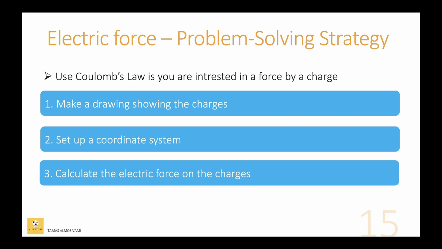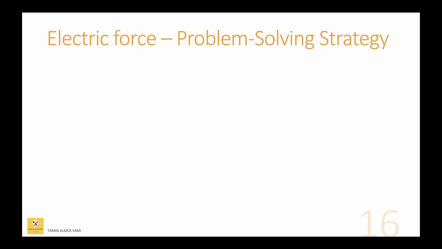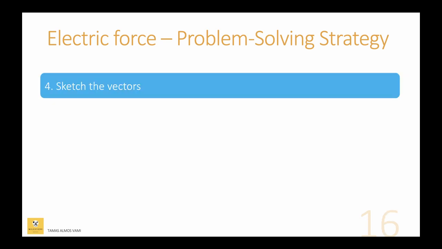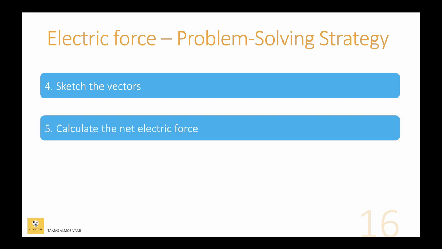And then let's calculate the electric force on these charges. Let's put the vectors into this notion. So let's sketch the vectors, and then we can calculate that electric force by adding these vectors together.